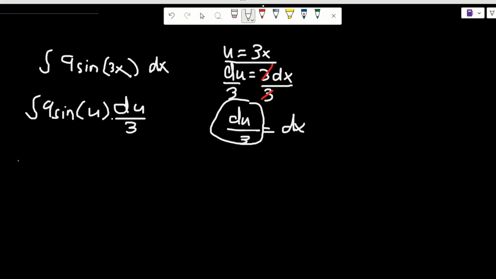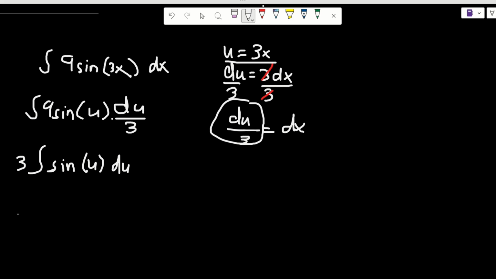If you have a constant, just take it out. So 3 times the integral of sine u du. Now we can simply integrate this.